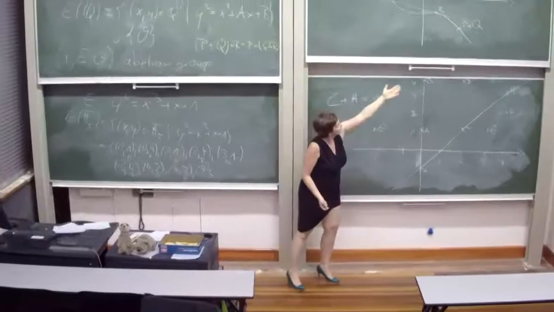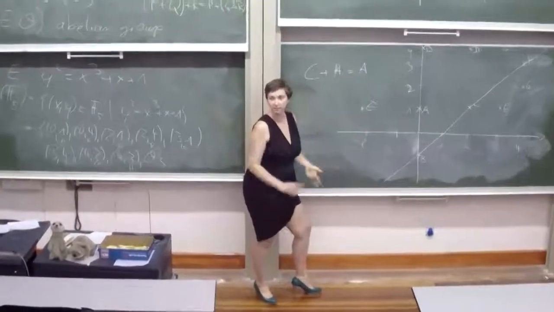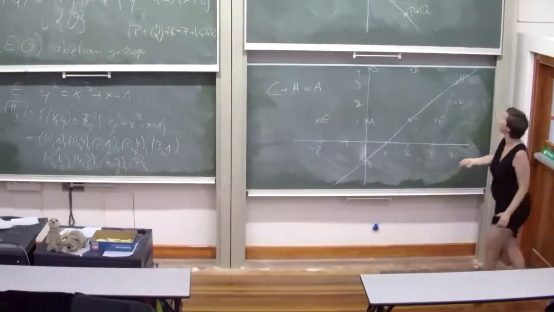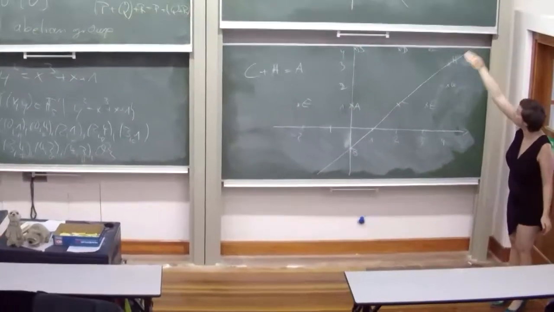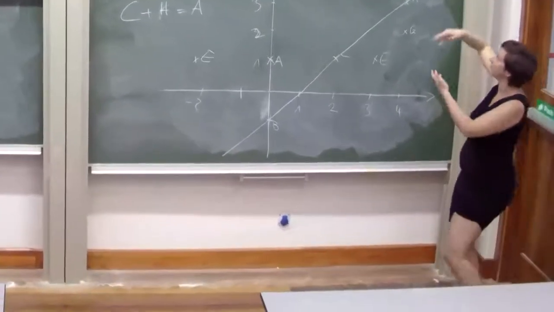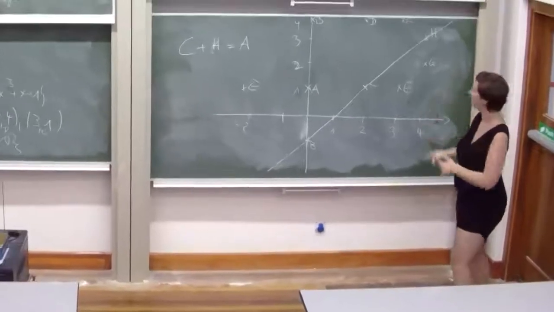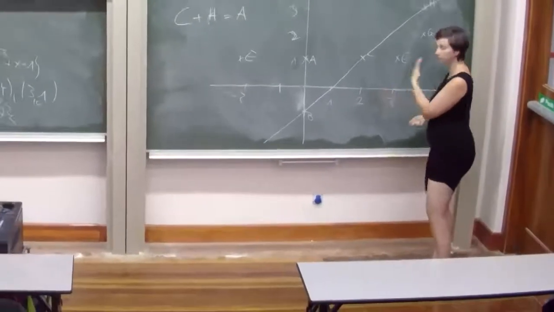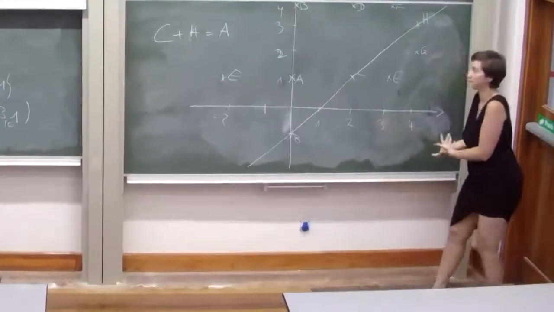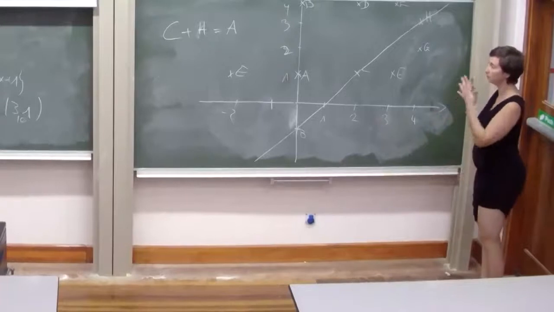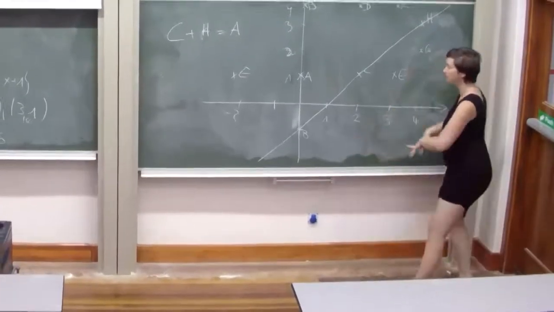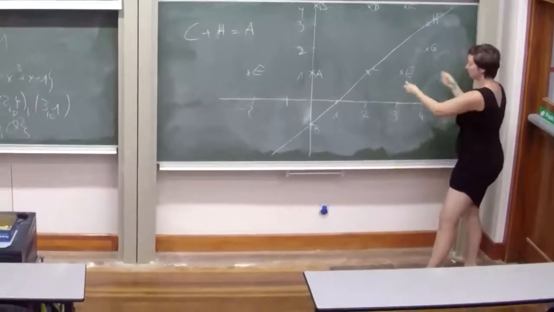So x can be a rational number from minus infinity to plus infinity, and y can also have infinitely many values. So we get a kind of smooth curve. But here we have only 5 possibilities for x and 5 possibilities for y. So there can be at most 25 points on the curve, and not all fulfill this equation, so it will be much less than 25, and there would just be those points.